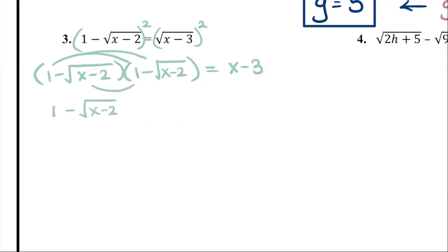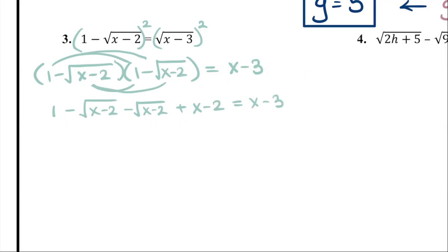And then negative rad x minus 2 times 1. Still minus rad x minus 2. Good. And then the last part, those two multiplied. Plus x minus 2. Perfect. Good job.